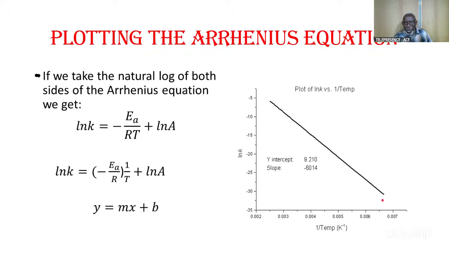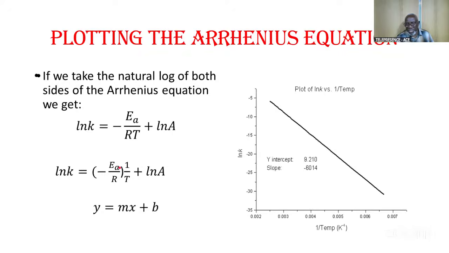If we look at the intercept, it will give us ln A. And the slope will give us all of this. So if we know R, the gas constant, which we know is a constant, we can get the activation energy.